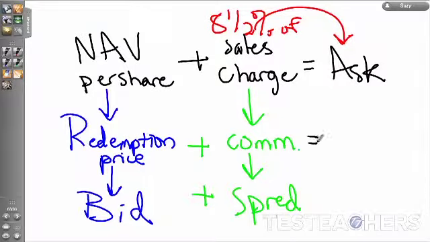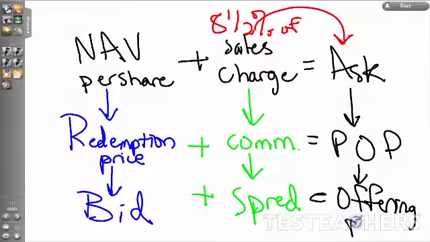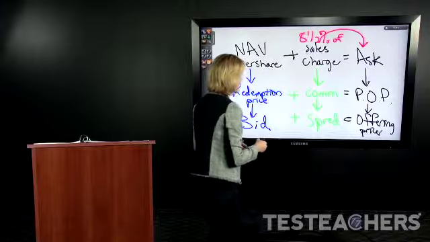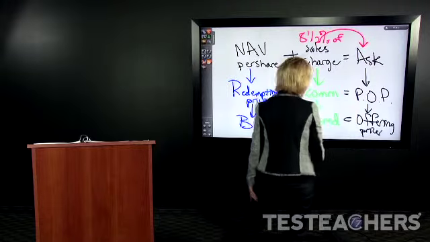Sometimes we call the ask price the public offering price. And sometimes we just call it the offering price. So just feel comfortable no matter which of these terms the test uses, that you understand you buy at the most: you pay the ask, the POP, or the offering price.